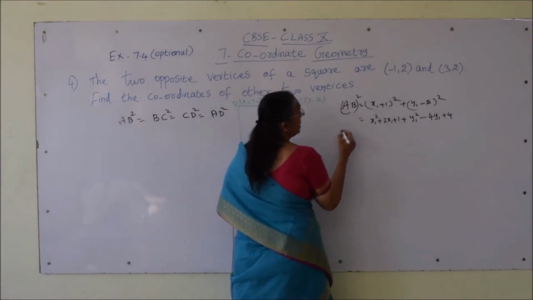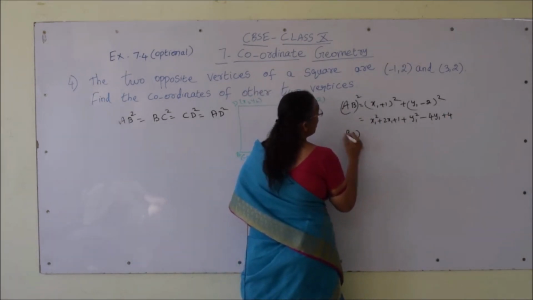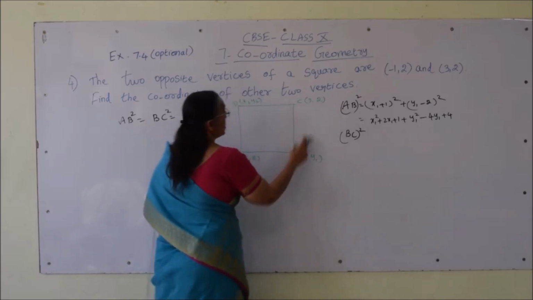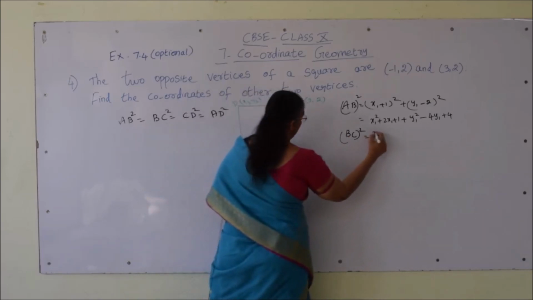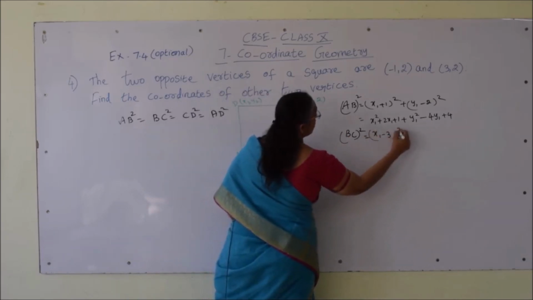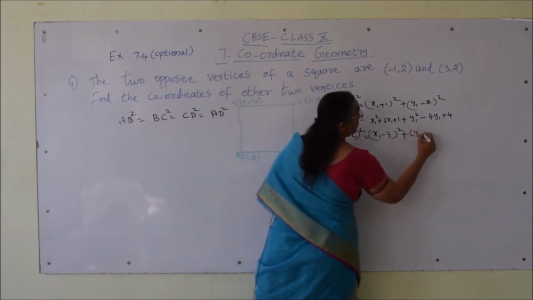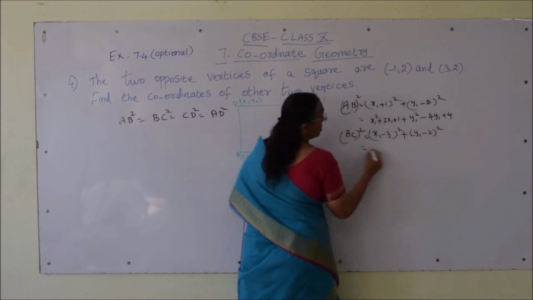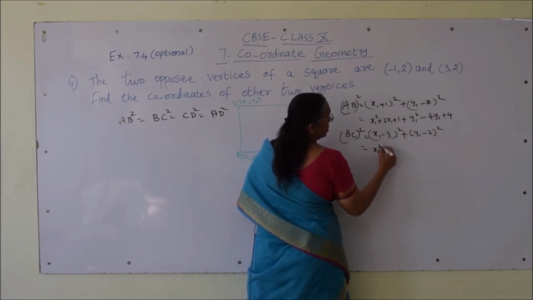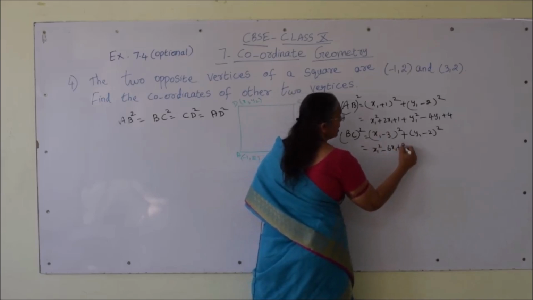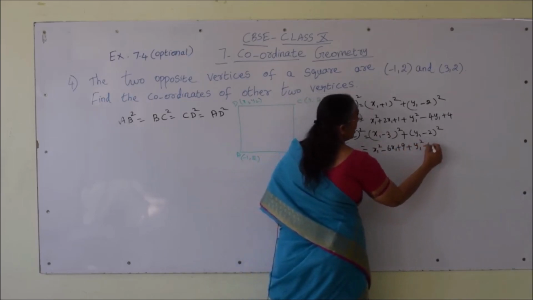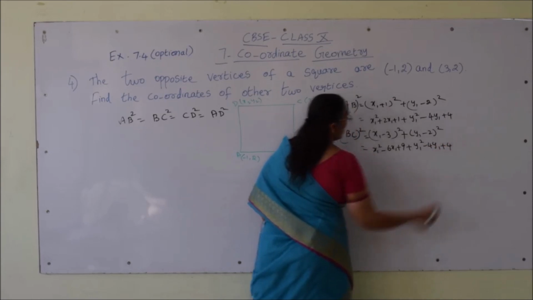Now coming to BC square: this distance is (x1 minus 3) whole square plus (y1 minus 2) whole square, which is x1 square minus 6x1 plus 9 plus y1 square minus 4y1 plus 4.